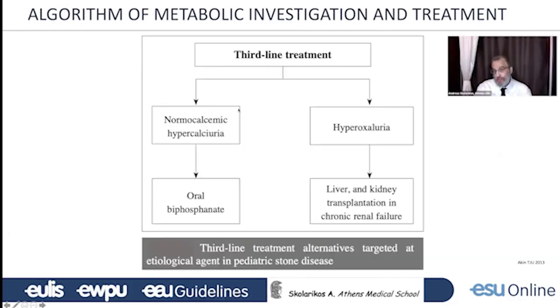As a third-line treatment for normocalcemic hypercalciuria, oral bisphosphonate is rarely used nowadays, but you could use it. And for hyperoxaluria, of course, for primary hyperoxaluria, the definitive treatment, not the best, is liver and kidney transplantation in chronic renal failure.